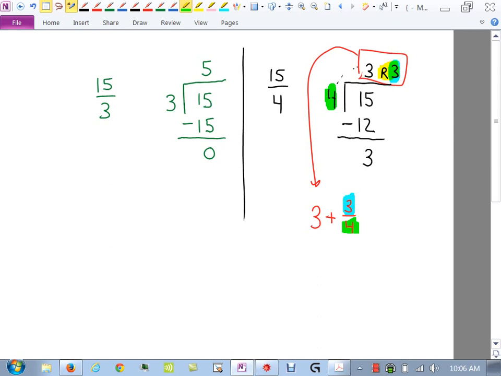Okay, let's see how we're going to use this today. I'm going to start a new page. Let's say I want to take 7x squared minus 59x minus 36 over x minus 9.